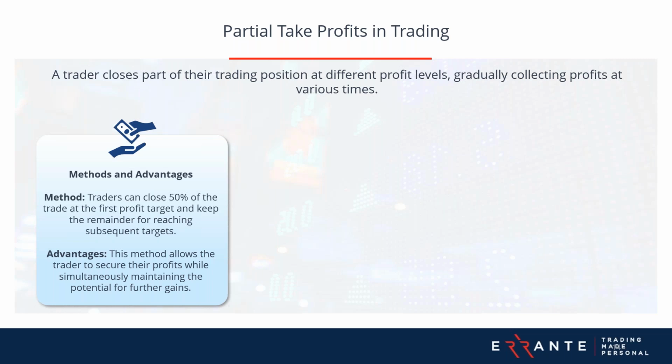This method allows traders to secure some profits early, reducing the psychological burden and financial risk while still maintaining the potential for additional gains. It effectively balances the risk and reward by ensuring that you lock in profits and stay in the game for possible further upward movements.